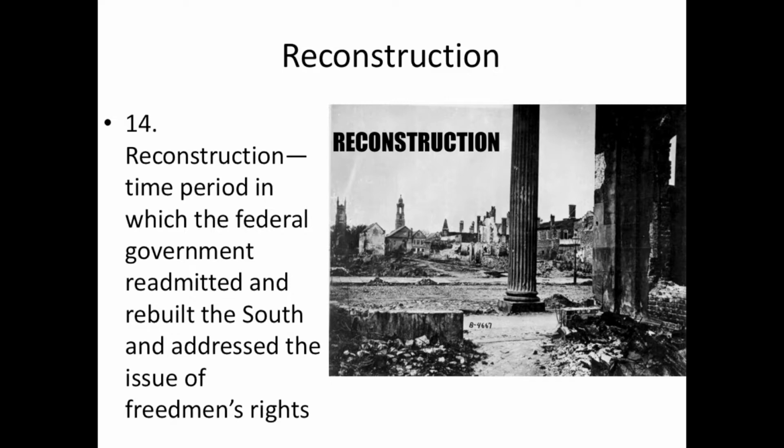Another thing that will be important during the period of Reconstruction is what's going to happen to the rights of freedmen. Now, freedmen are just people that used to be slaves, but because of the 13th Amendment and the Emancipation Proclamation, they're no longer slaves. And whenever they are no longer slaves, the issue of what you're going to do with them, what rights they're going to have, is going to come up.